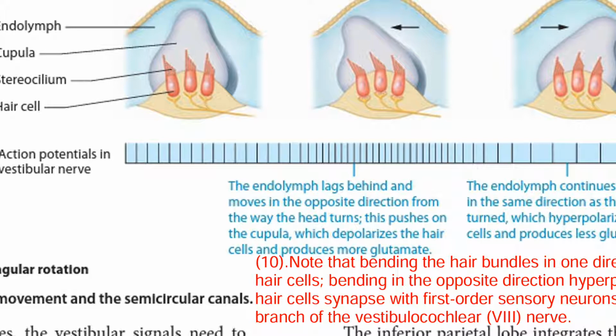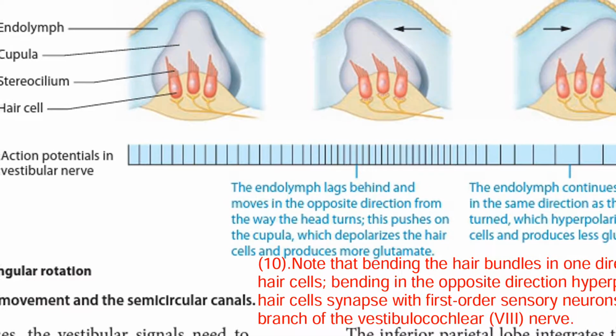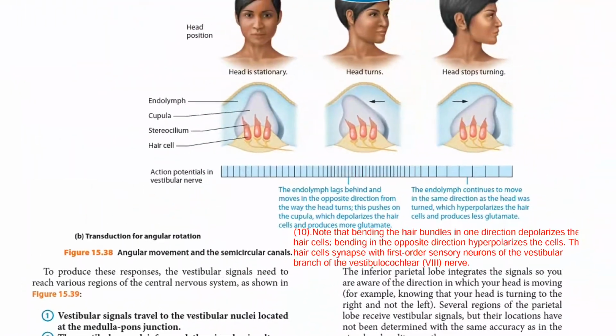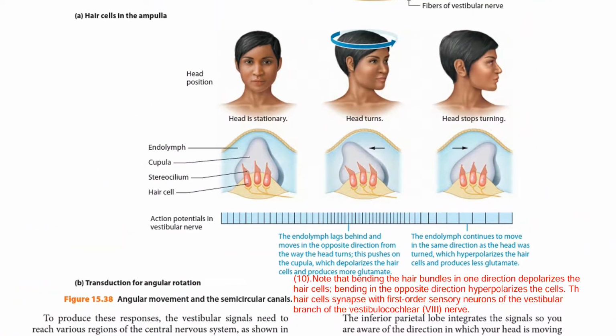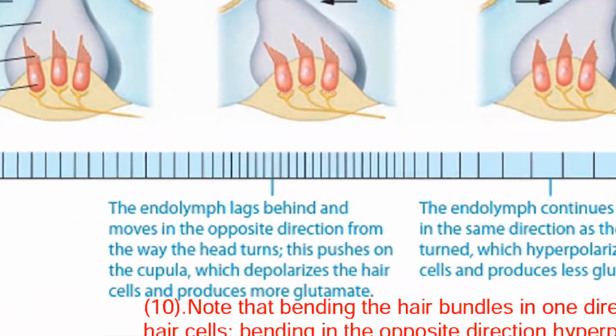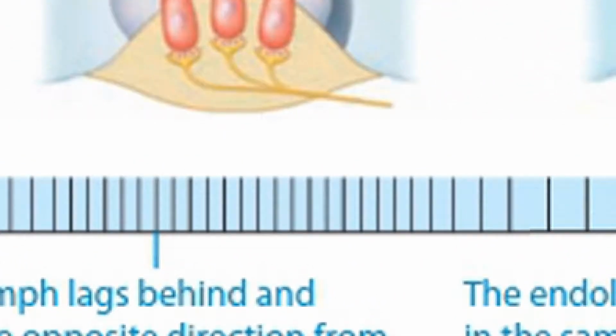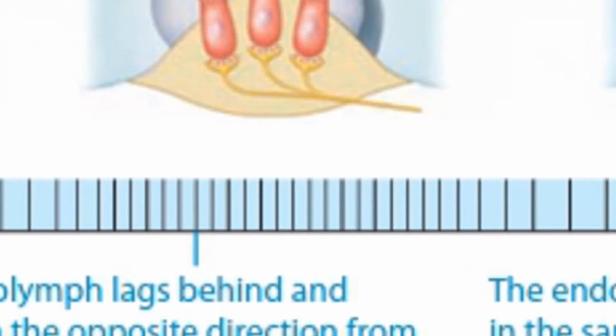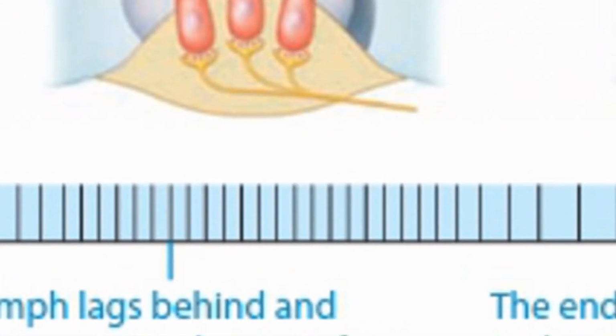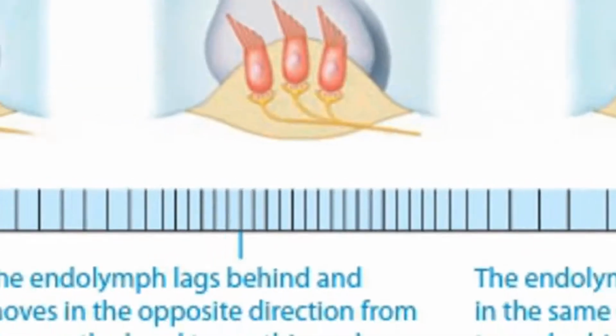So when the head is rotating, they produce more glutamate. When the hair cells are depolarized, you see the strength of the action potential: more impulses are generated, and they are stronger.